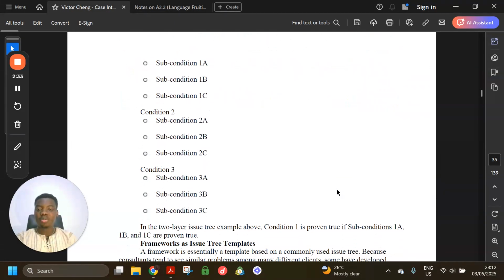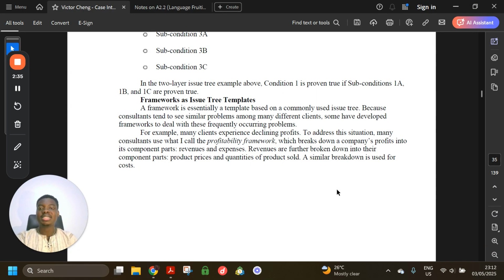Now, what is a framework? A framework is a template which is based on a commonly used issue tree. Consultants usually face similar problems or problems that can fit into a thematic area.